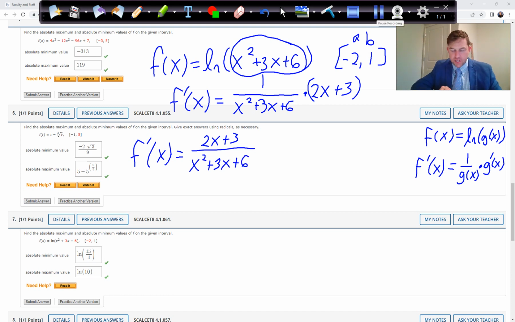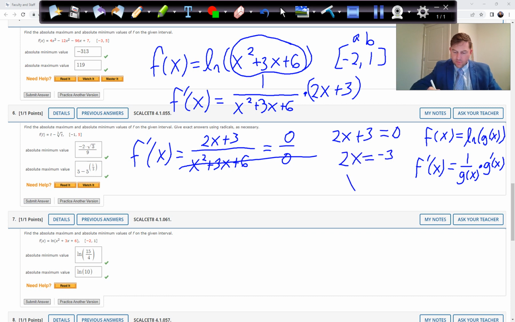Now we should see if the bottom factors, it does not, so there are no factors of 6 that add up to 3. And there's nothing we can factor out of the top, so we're just going to set both equal to 0 and see if we can find any critical values. Now there's no value of x that's going to make that bottom go to 0, so we're just going to look at the top. So we're going to say 2x plus 3 equals 0, or 2x equals negative 3, or x equals negative 3/2. So that's our critical value we're going to test.